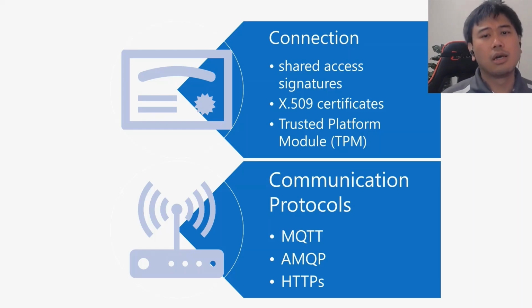Or a trusted platform module. There are specific modules on the chip to make sure that this device is what it says it is as it connects to IoT Central.